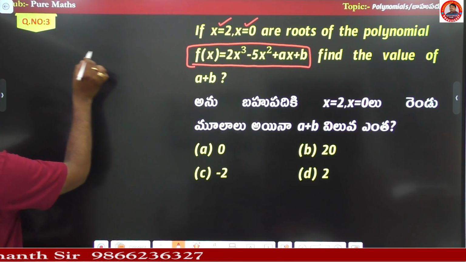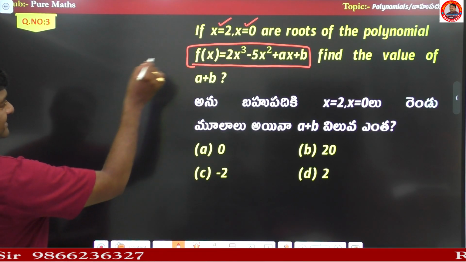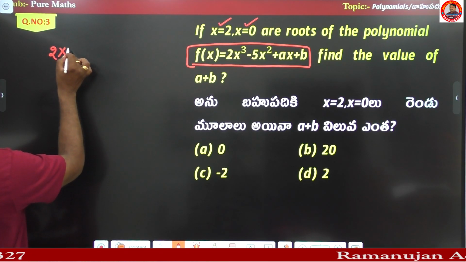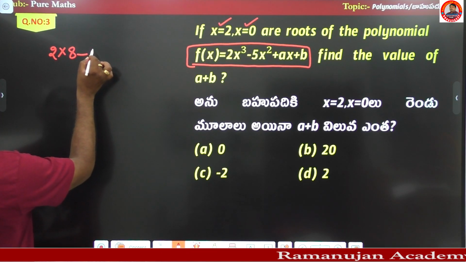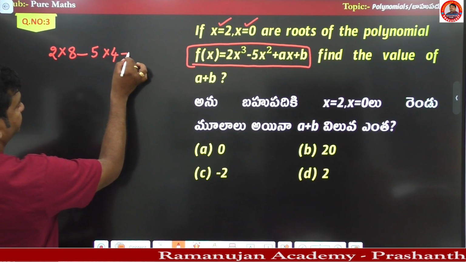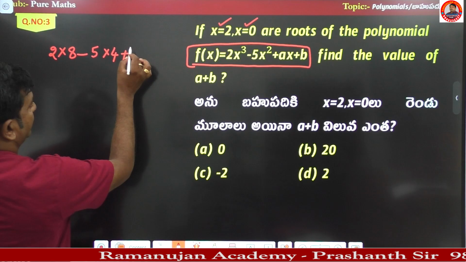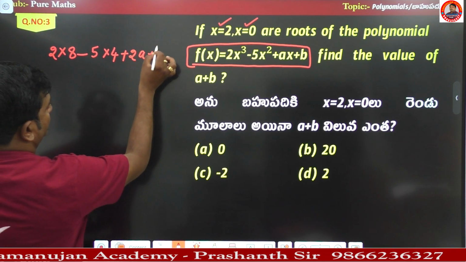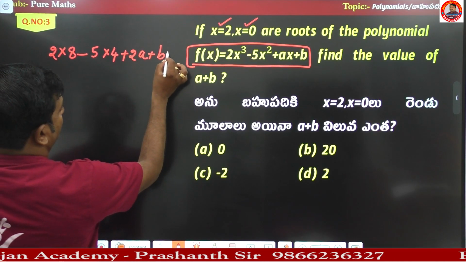Since these are two roots, we will try to find the f of 2 value. F of 2 means in this polynomial, wherever x is there, you substitute 2. So 2 into 2 cube, which is 16, minus 5 into 2 square, which is 20, plus 2 times of a, plus b.